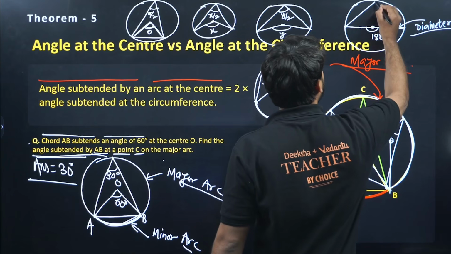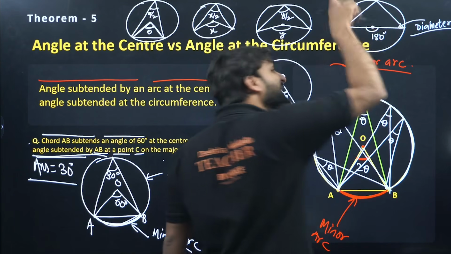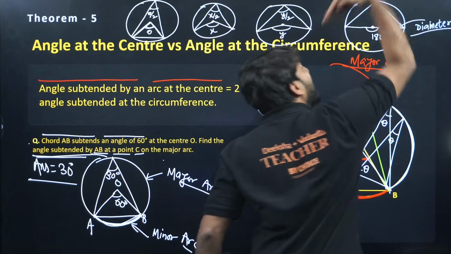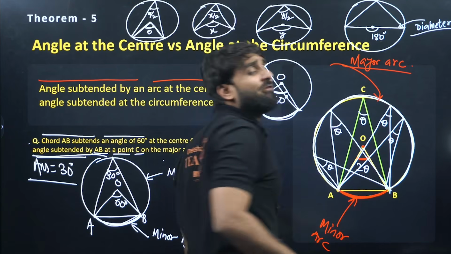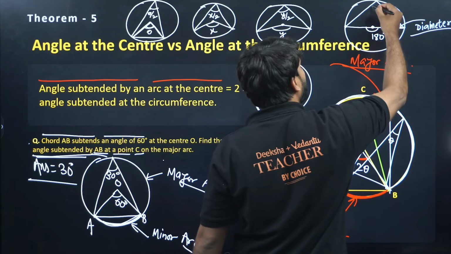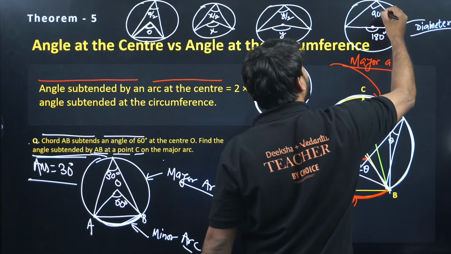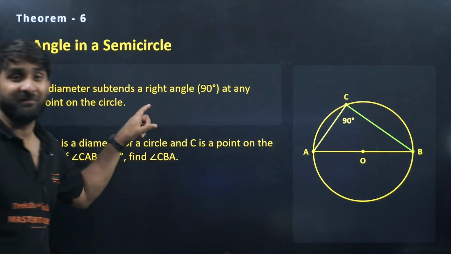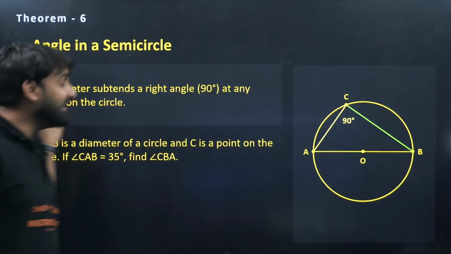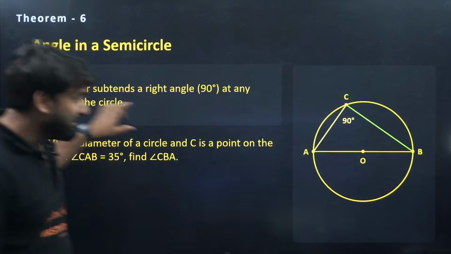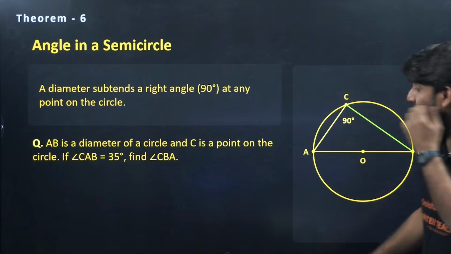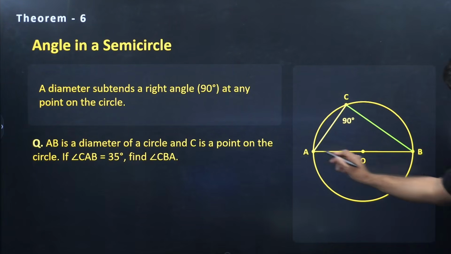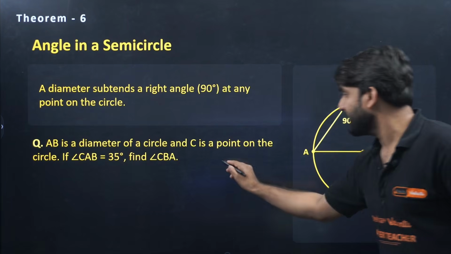And if you draw a line, angle in major arc, I mean the remaining half part of the circle, so 180 half, this is equal to 90 degree, and this is called angle in semicircle. So basically this theorem, angle in semicircle, is little related to this, because if we talk about here, this angle AOB is a straight line.